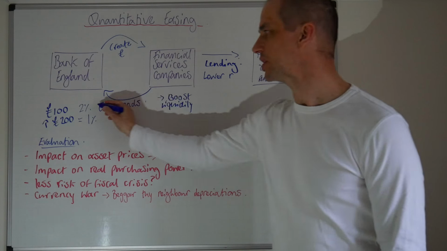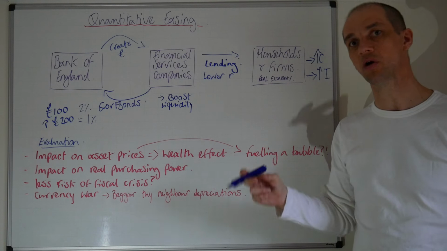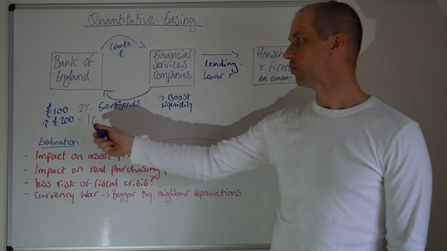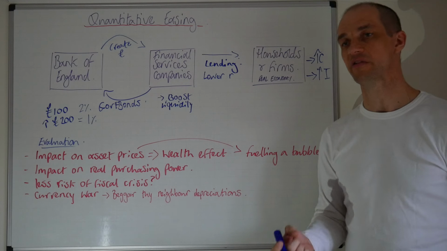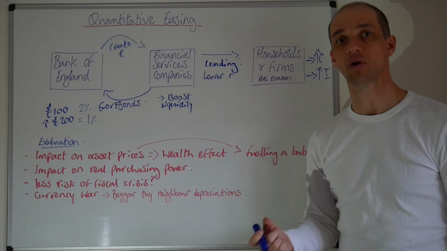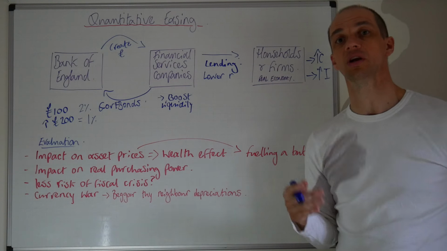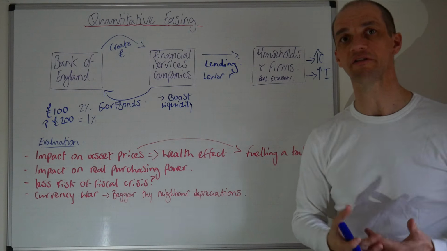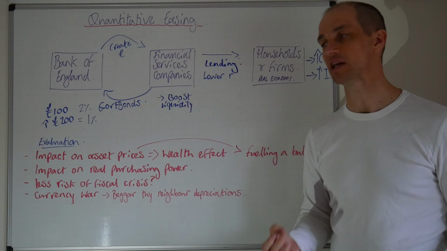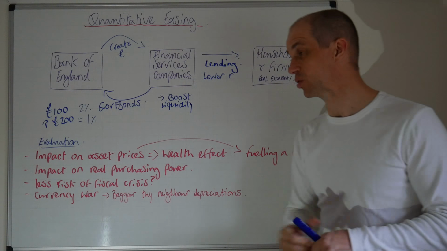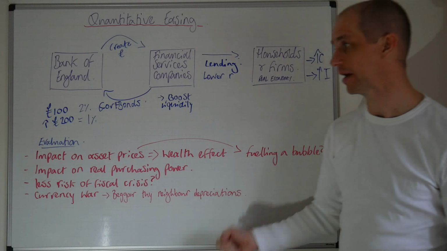Now this does have a repercussion though, because in effect we can see lower yields on government bonds, and as a direct consequence of this, it's certainly argued that it can help to fuel increases in asset prices. And this is where we're getting onto our analytical and evaluative points.